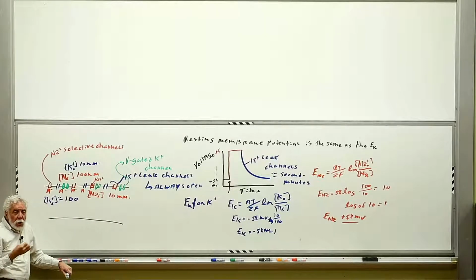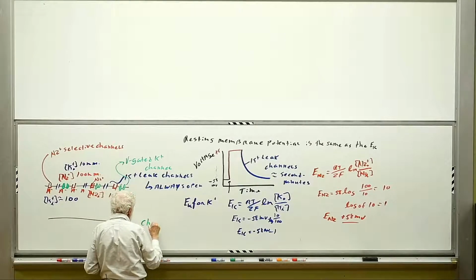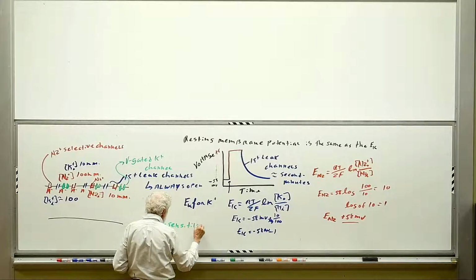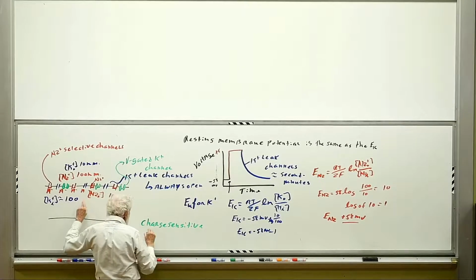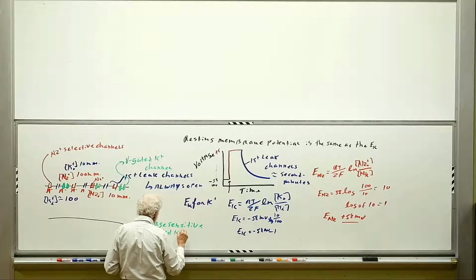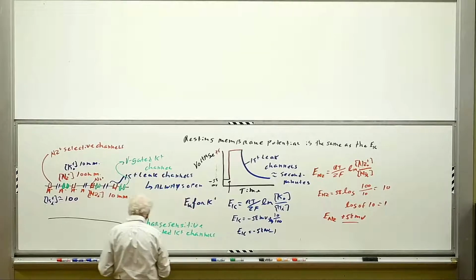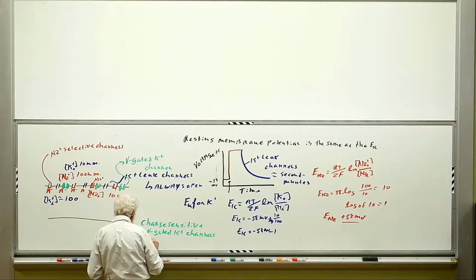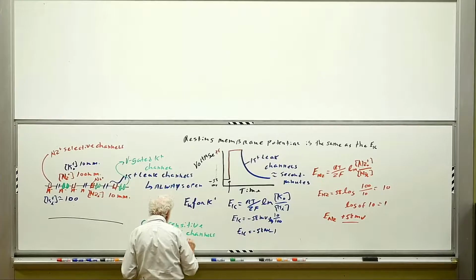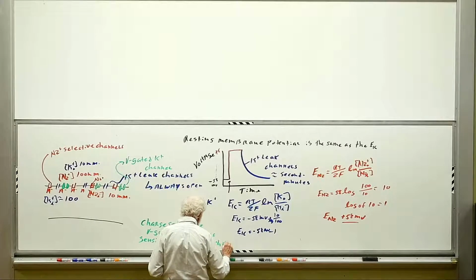When I say voltage-gated, I could equally say charge-sensitive. And these voltage-gated potassium channels are sensitive to positive charge.